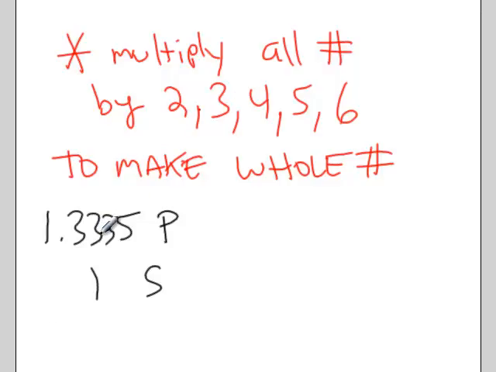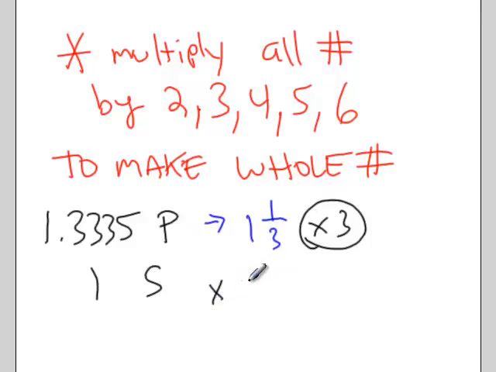If I try multiplying by 3, I will, because 1.333, that's in fraction form 1 1/3. So that's why multiplying by 3 is going to make this a whole number. But I have to do that for both the phosphorus and the sulfur. When I multiply 1 1/3 times 3, this is going to give me 4.